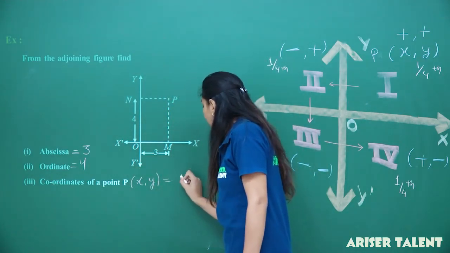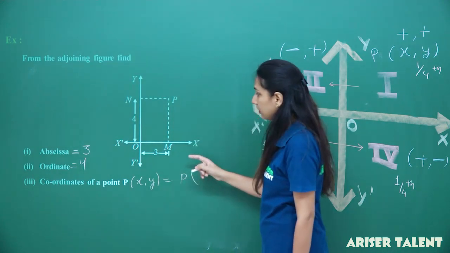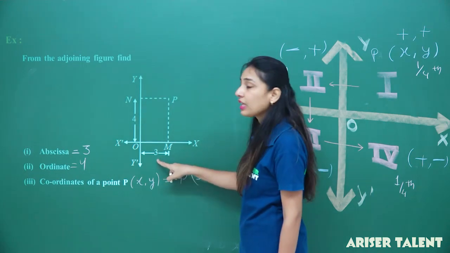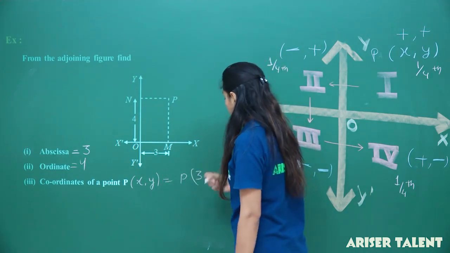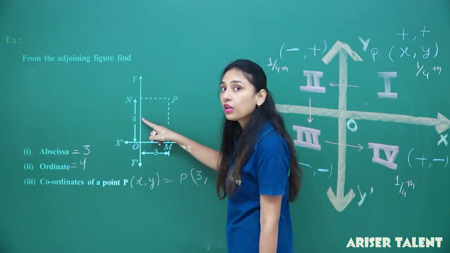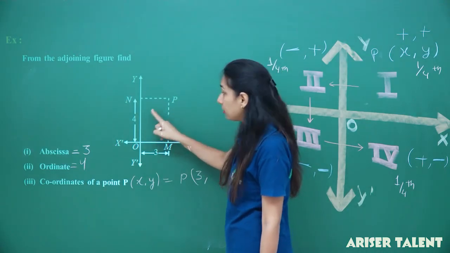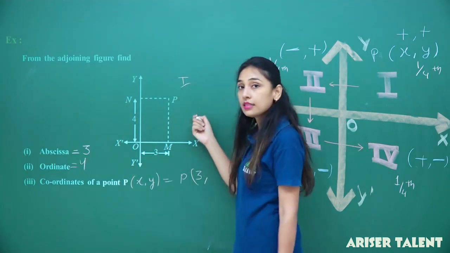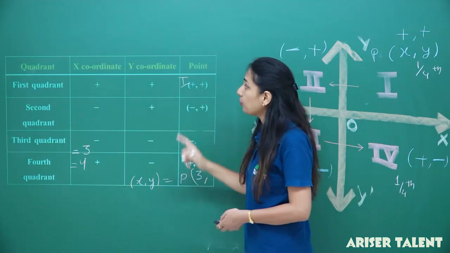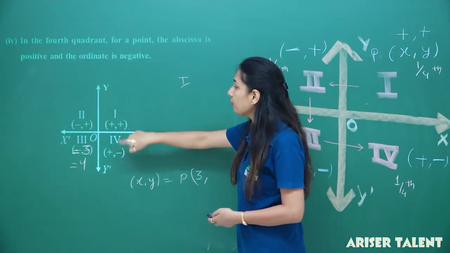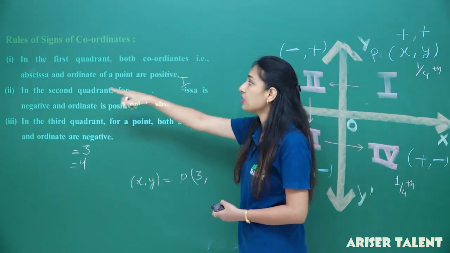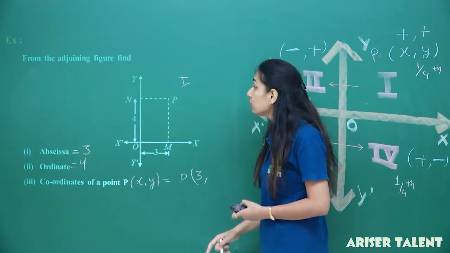Now the value of x is 3. Positive or negative? Positive, right? Now the value of y is 4, positive or negative? Positive, right? This is the first quadrant. In the first quadrant we have seen we are having both positive, so both coordinates, abscissa and ordinate, will be positive.